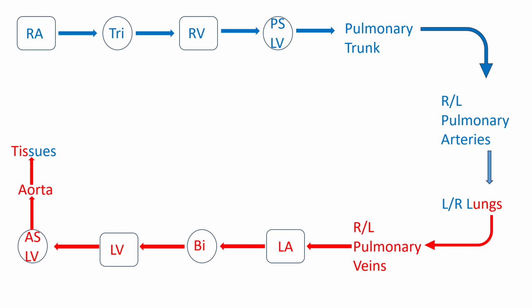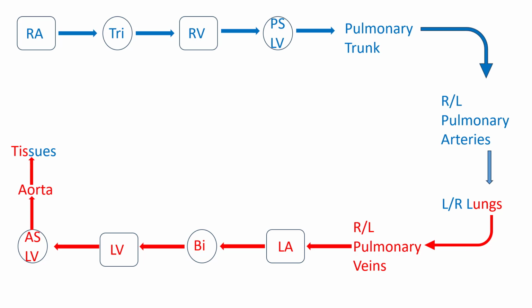Here at the tissues, blood is going to drop that oxygen off and pick up waste carbon dioxide. So the tissues, blood arriving is high in oxygen, blood leaving the tissues is low in oxygen.